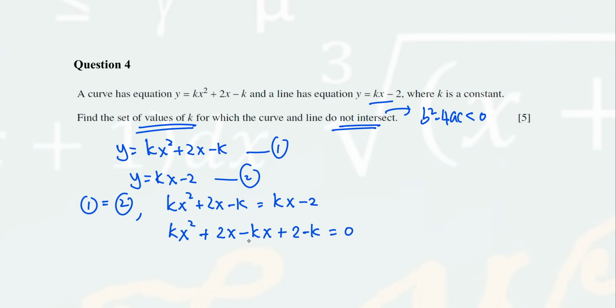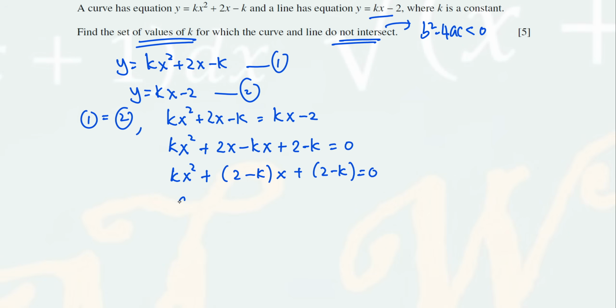Okay, and now I have two terms with the x, so I can group them first. Okay, then write down the coefficients. A is k, b is 2 minus k, and c is 2 minus k.